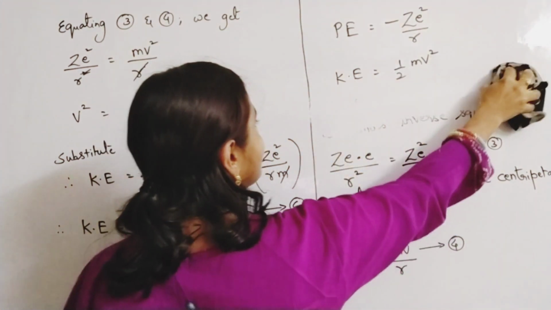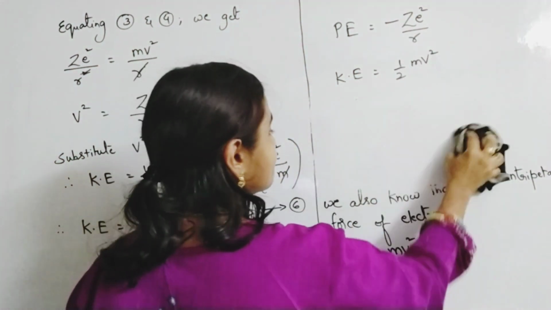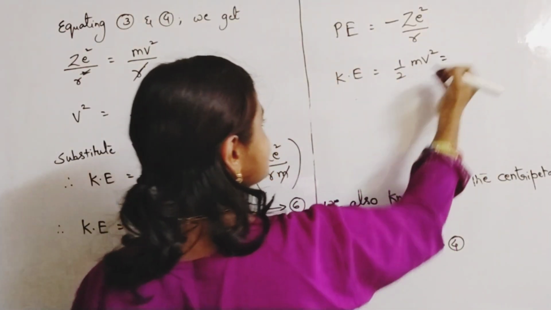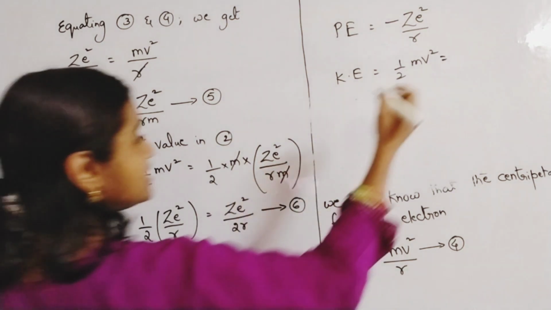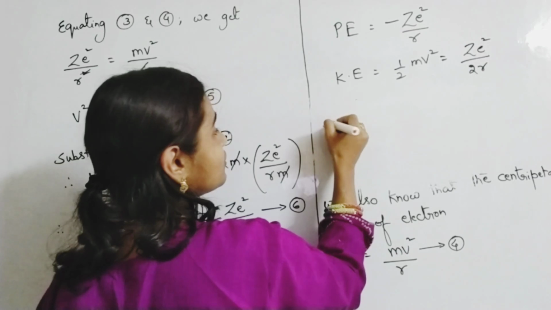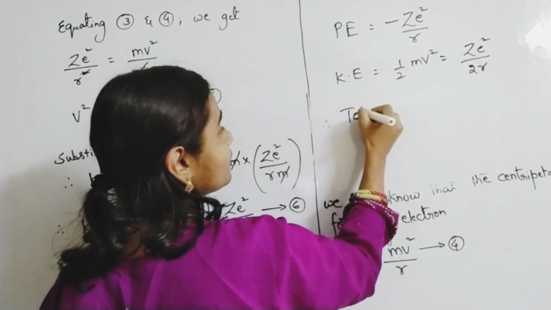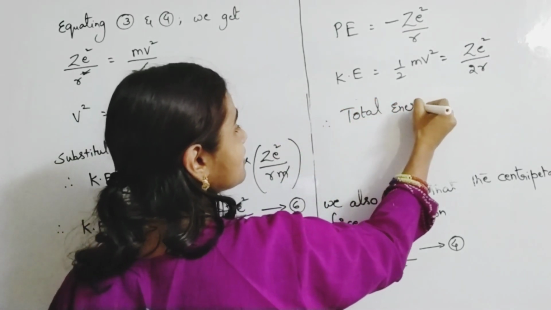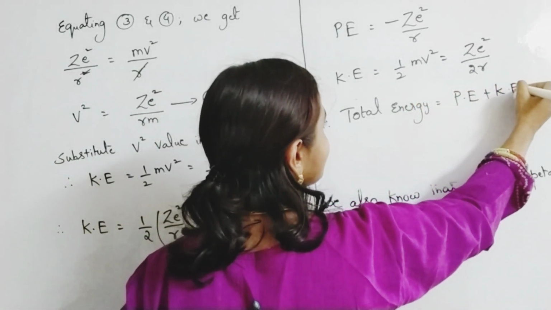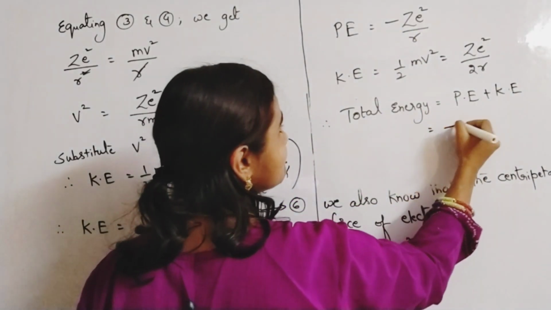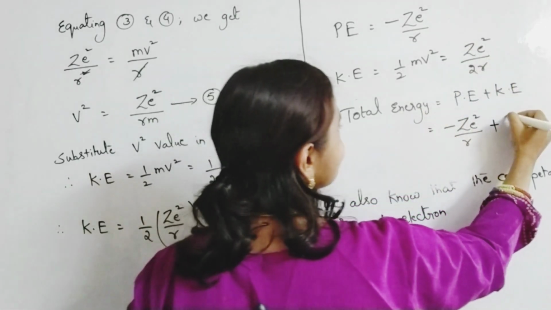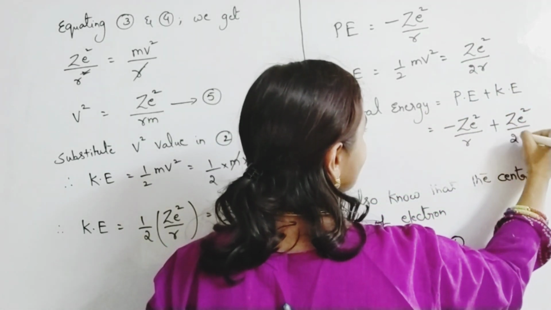PE value already is there, and in place of half mv square I write Ze square by 2r. Therefore total energy of the electron is equal to PE plus KE. This we have written first only. And PE value, what is that? PE value is minus Ze square by r, plus KE value Ze square by 2r.